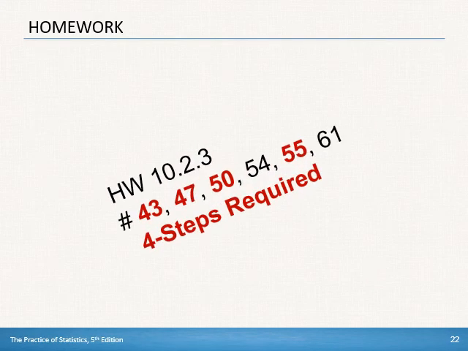All right, so your homework for this last part of 10.2 is 6 problems, 4 of which require your 4 steps. So use the example we did in this video as a model. Again, we encourage you to use your calculator, save some time, right?